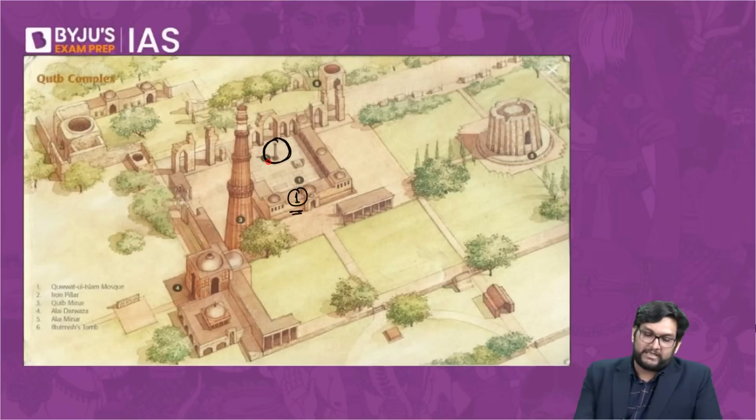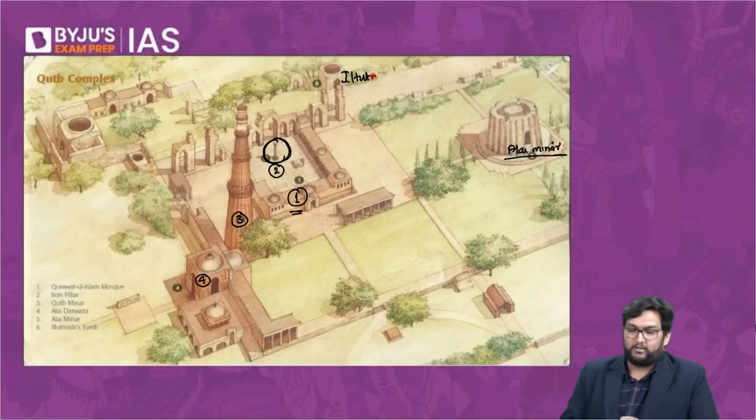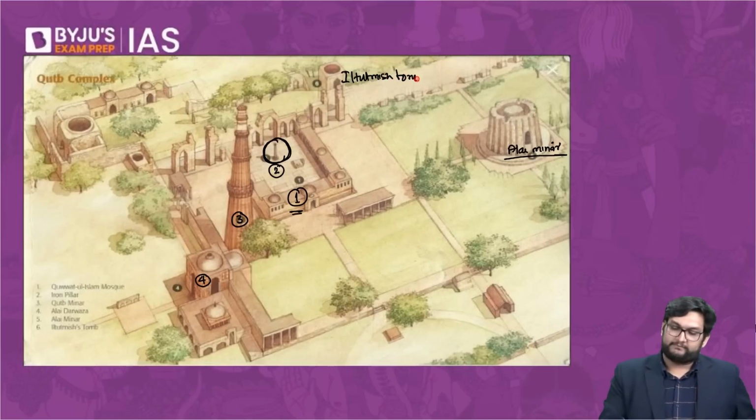Then you have the Qutub Minar. Then you have the Alai Darwaza. Then you have Alai Minar, an attempt by Alauddin Khilji to make a minar bigger than Qutub Minar, started but never finished. And then you have Iltutmish's tomb.